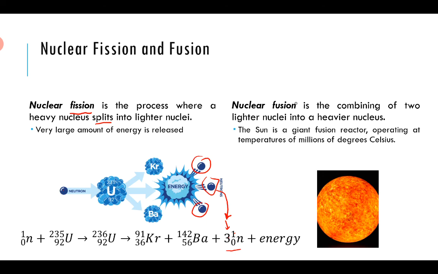And so we also have nuclear fusion. Nuclear fusion is when 2 lighter nuclei fuse together to make a heavier nucleus. And the sun is an example of a giant fusion reactor.